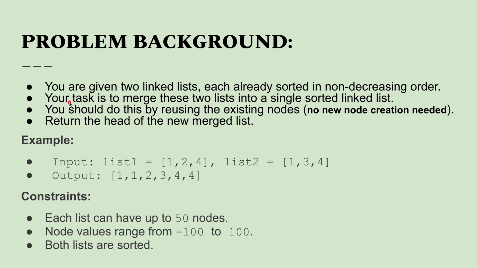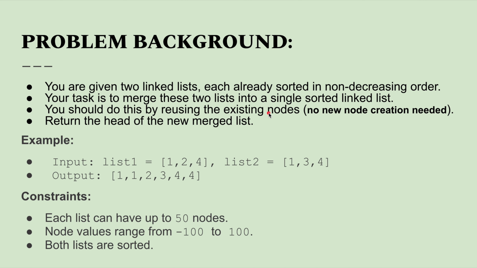Your task is to merge these two lists into a single sorted linked list, and you should do this by reusing the existing nodes, whichever we have, that we have to use.